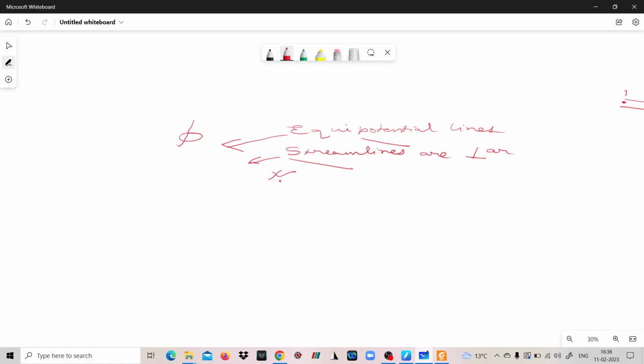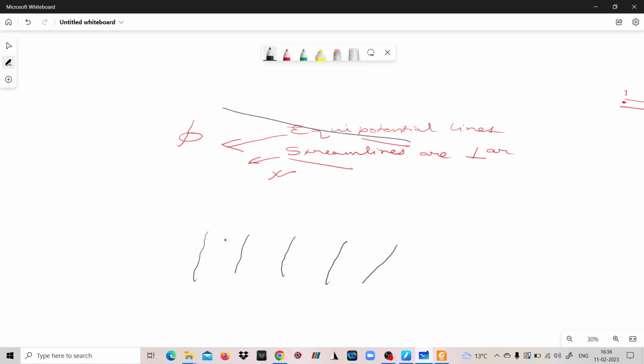Okay, now flow always takes place from higher potential to lower potential.